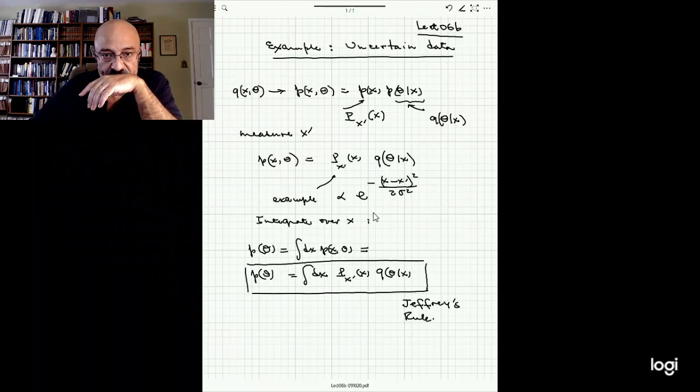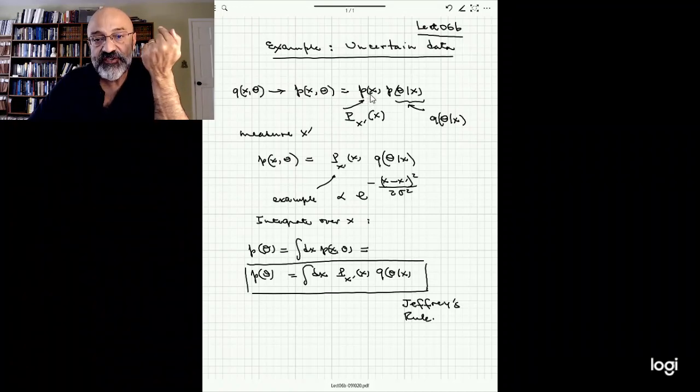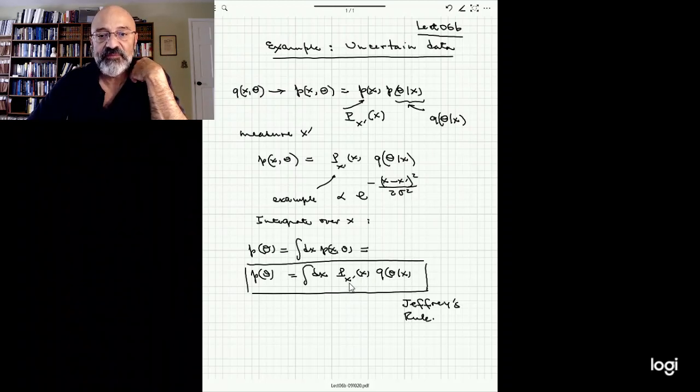This is very interesting because one of the things that is clear here is that this is an interesting example in which the information that allows you to make inferences about theta is not totally contained in the actual data, in the observed x prime, but it is also contained in the functional form of this probability distribution that tells you how uncertain you are about x once you have observed an x prime.